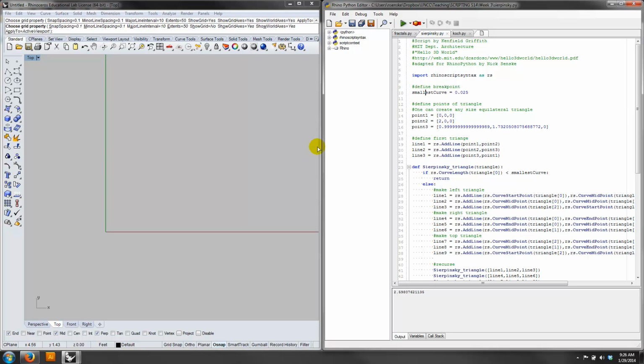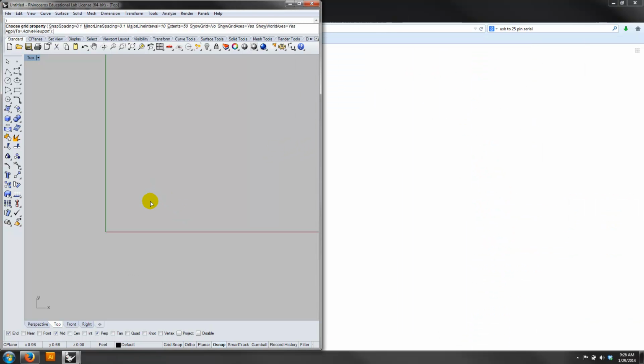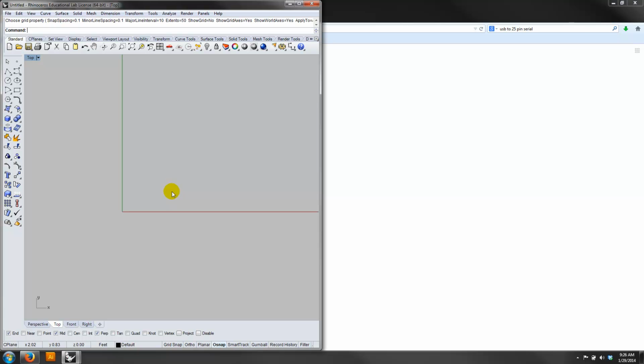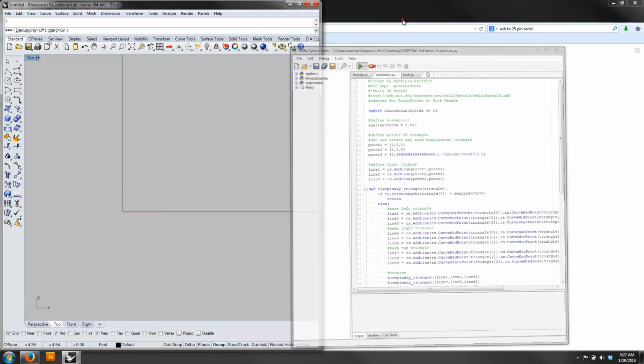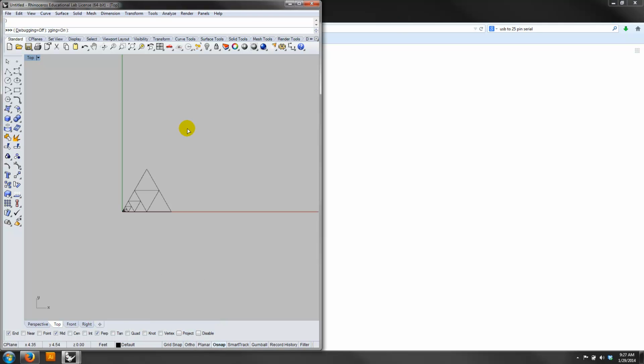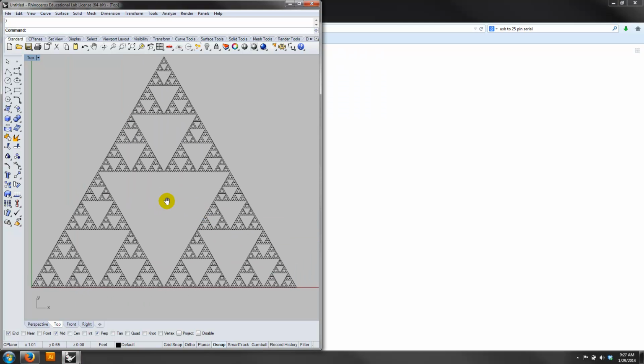This is very similar in structure to the other one, but actually quite a bit simpler. Let's go ahead and run it quickly, just so we can see what it does. And it's going to recurse and then stop here. So it's a little bit different than the other one.